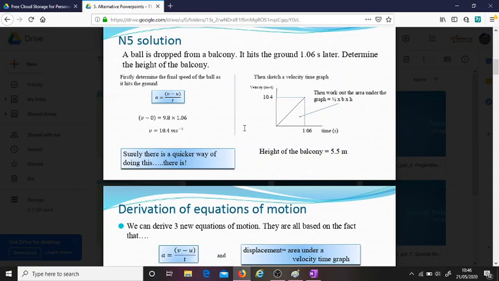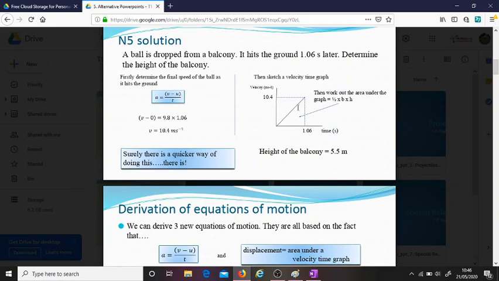So what we could do is draw a velocity time graph, because we know its initial velocity is 0, and then at 1.06 seconds when it lands, the velocity is 10.4, which is what we worked out in this part of the question. Now if we drew that, we could work out the area under the graph, because as you probably remember from National 5, the area under a velocity time graph is distance.